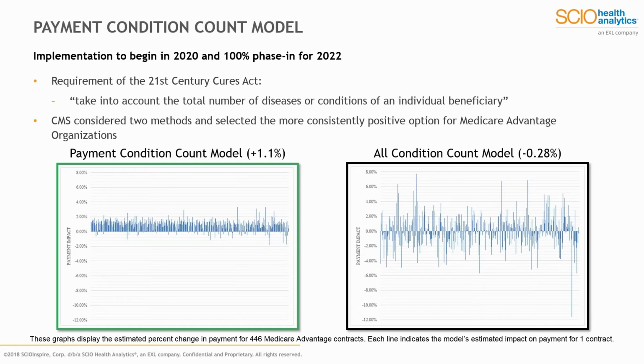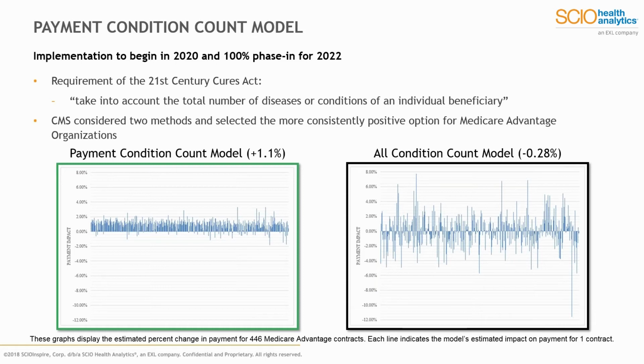The conditions used in the payment model tend to be more clinically severe, and the majority are classified as chronic. In contrast, if they used the all-condition approach, it would count many conditions that don't meet the criteria of being clinically meaningful and cost predictive, and would include more acute items that are traditionally treated as a single therapy course.